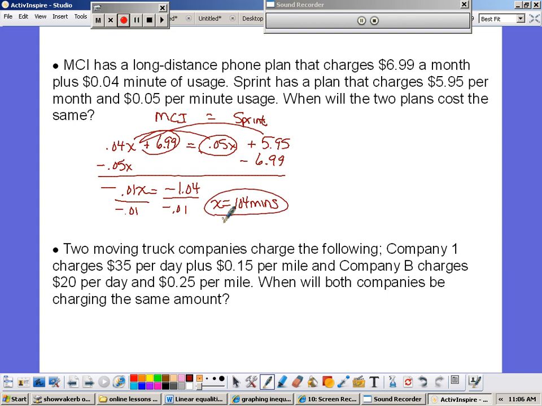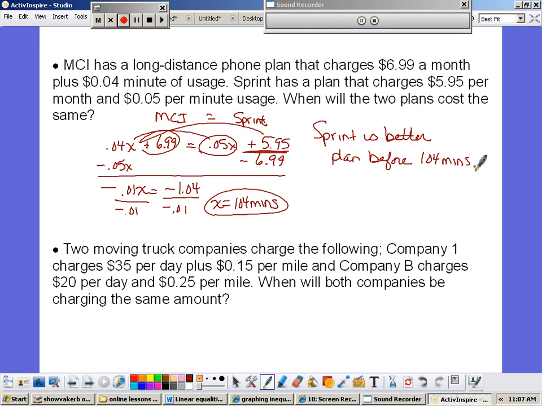What else it means is you can tell which one's better before 104 minutes and which one's better after 104 minutes. Whichever program costs less upfront money, which is the $5.95, is better before 104 minutes. So Sprint is a better plan before 104 minutes.